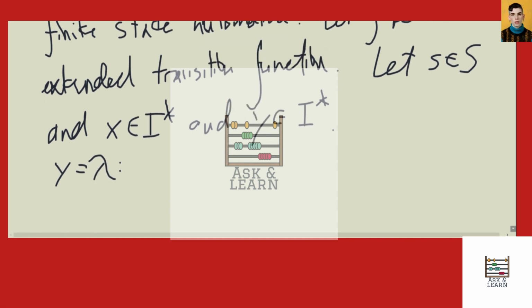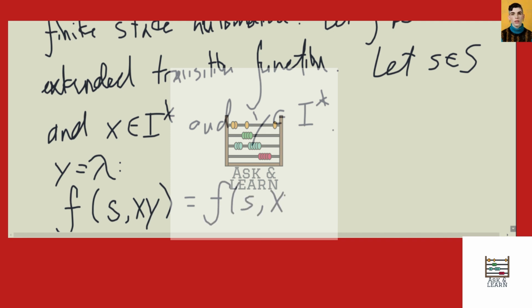For the base step, let's suppose that y is equal to lambda, the empty string. In this case, we have that f̂(s, xy) is going to be equal to f̂(s, xλ), which of course is equal to f̂(s, x).